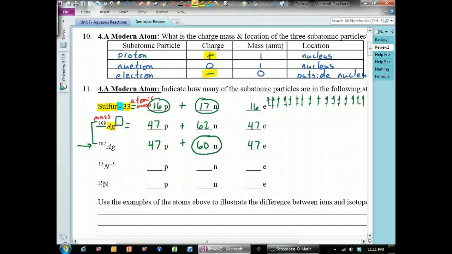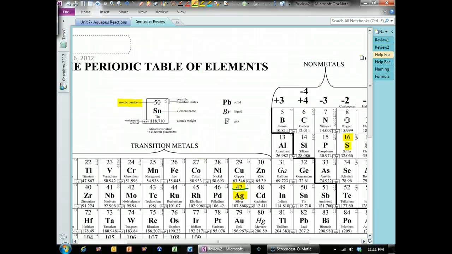The next two examples are both nitrogen. There's a difference on this one in that they have a number in the top right corner. That's what's called an ion. It's showing us the charge of it. So we look on the periodic table first and find N. N is nitrogen, and its atomic number is 7.